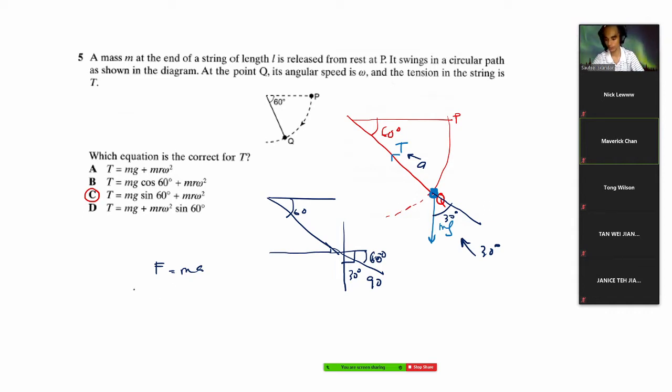Because T is in the same direction as the acceleration, T is positive, minus mg cos 30 degrees equals ma, which is the centripetal force. So we can turn it into m r omega squared. Or usually we have m v squared over r. Actually, m v squared over r is equivalent to m r omega squared.